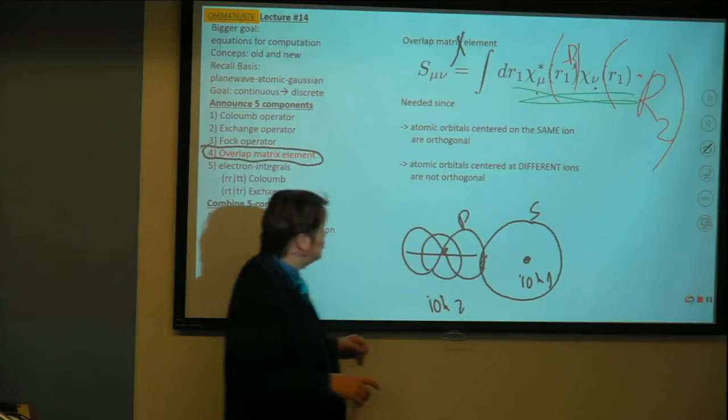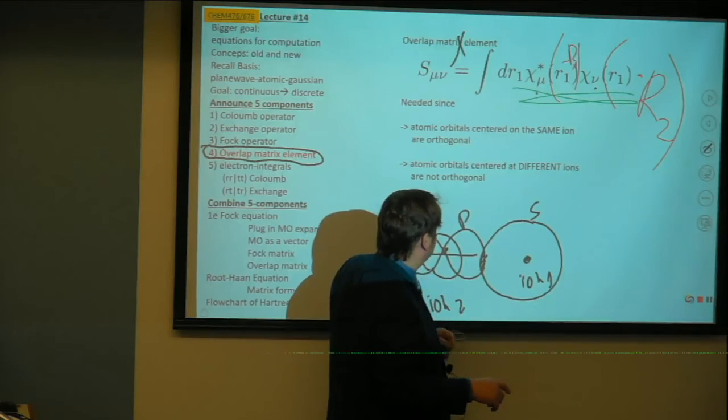In different atoms? Yes. So we need a measure. We need to quantify how much these atomic bases are not orthogonal. And this S object is a measure of this non-orthogonality.